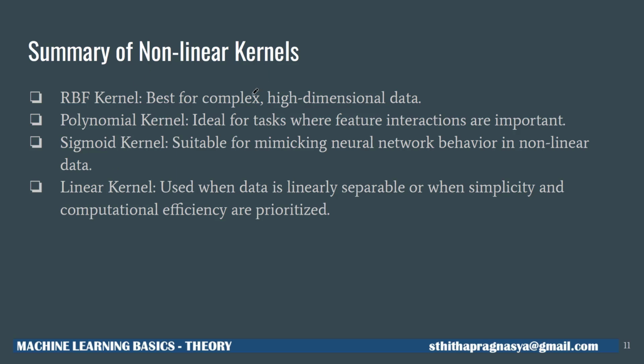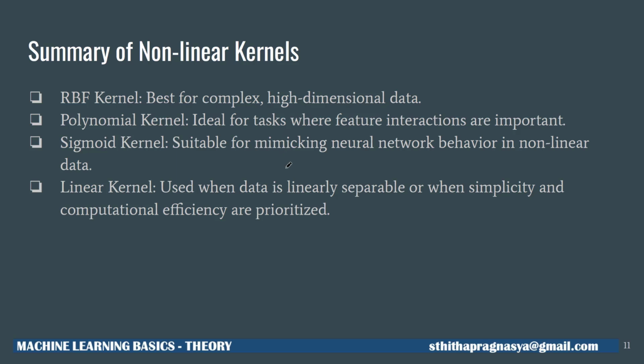And in summary, the RBF kernel is best for complex high dimensional data where classes are not linearly separable, such as image classification and certain bioinformatics tasks. The polynomial kernel is useful when you expect interactions between features to influence the outcome, such as in text classification tasks where feature interactions are important.